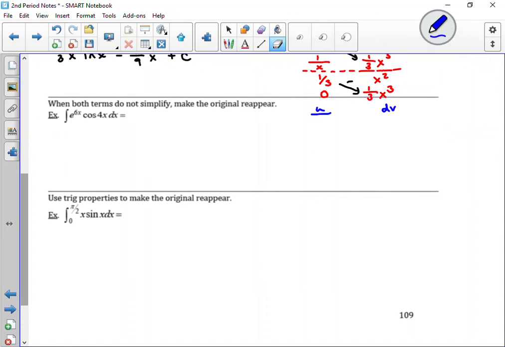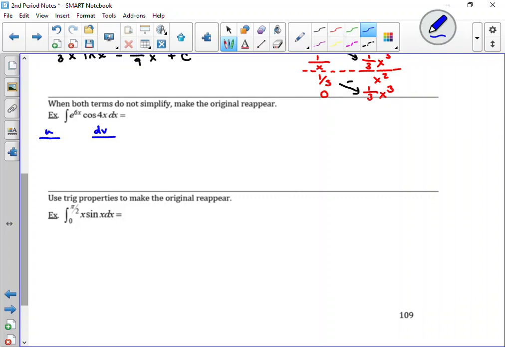Actually, I'm going to do it over here, just to give myself some equal space. All right, so it doesn't matter which one, you just choose one side for one and the other side for the other.